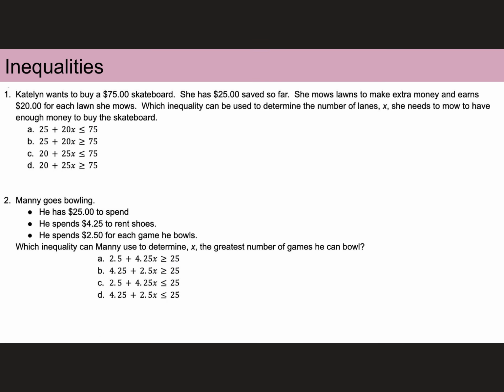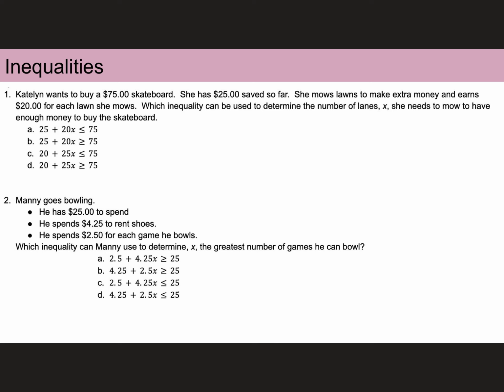Caitlin wants to buy a $75 skateboard. So the skateboard is $75. She has $25 right now. She mows lawns to make extra money and earns $20 for each lawn she mows. Which inequality can be used to determine the number of lawns she needs to mow to buy the skateboard? So can she buy the skateboard for less than $75?